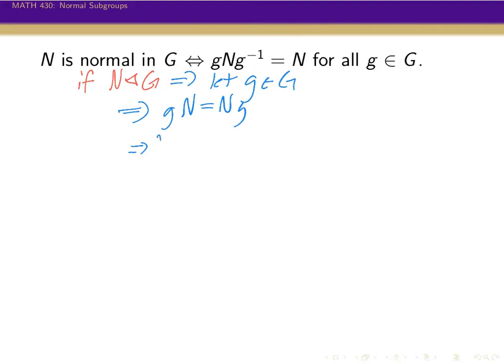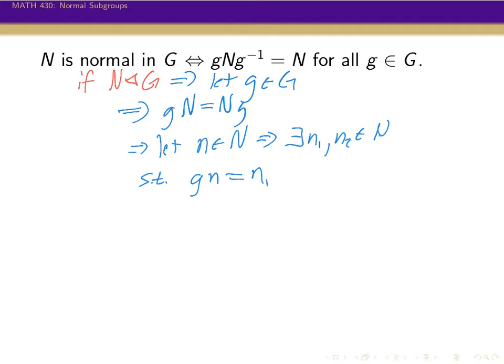Let n be an element of N, and so that means there exist n1 and n2 in N such that gn equals n1 g and ng equals g n2.